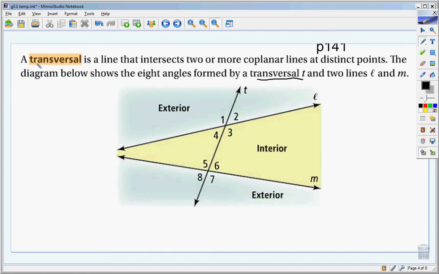When you have a transversal, it creates kind of 2 unique parts. It creates an interior between the 2 lines, but it also creates an exterior, things that are on the outside of the lines. And then we're going to talk about the relationship of the angles that you see labeled here. Everybody understand, though, what a transversal is? It's got to intersect at least 2 lines that are on the same plane.